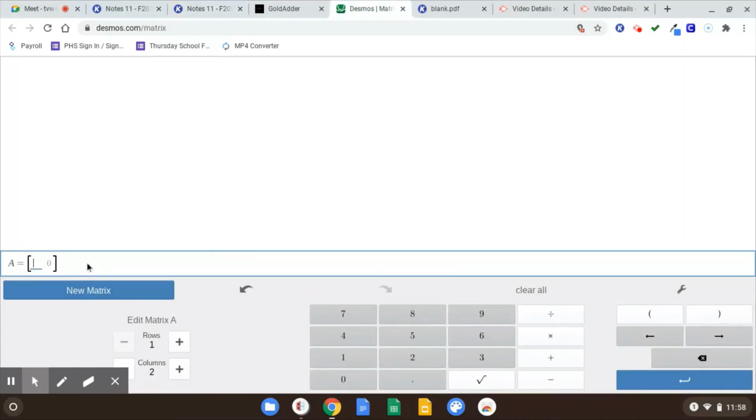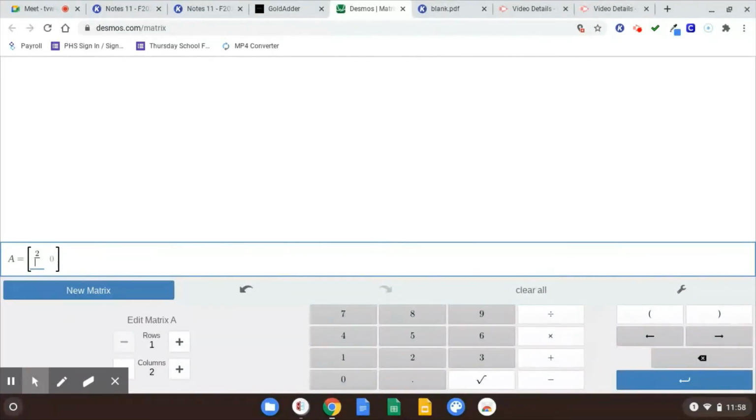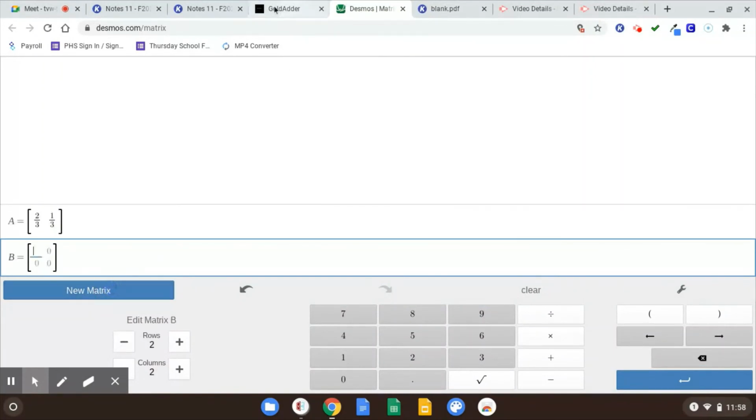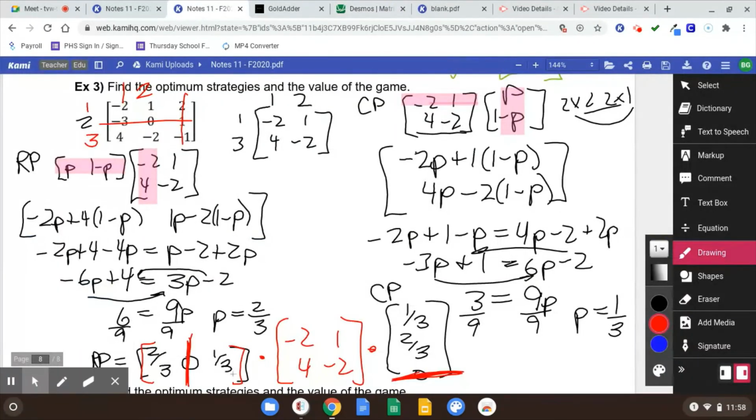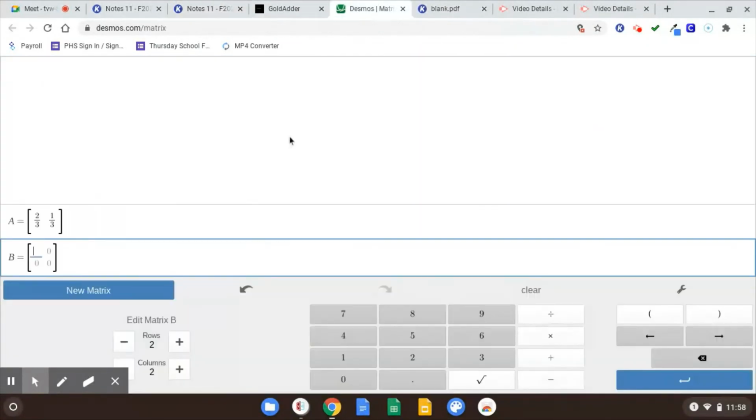And it was 2/3 and 1/3. I'm just going to check that real quick. 2/3, 1/3. This one was 1/3, 2/3. So matrix B, -2, 1, 4, -2.